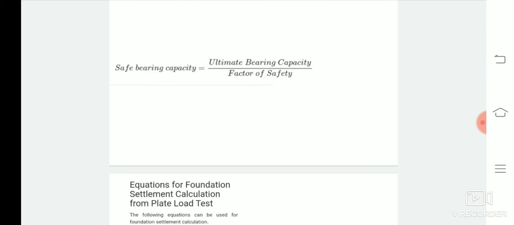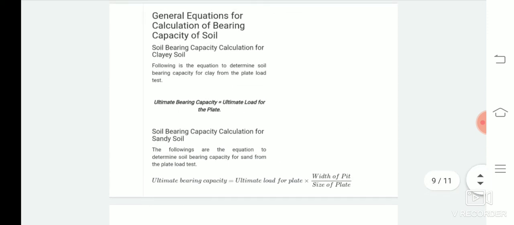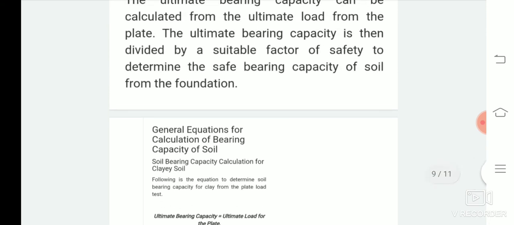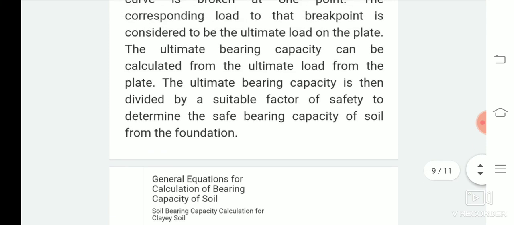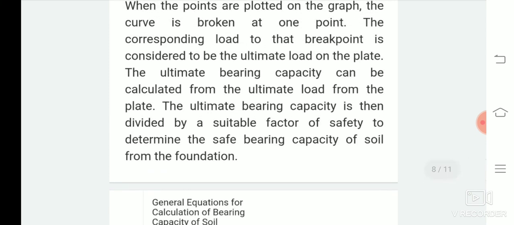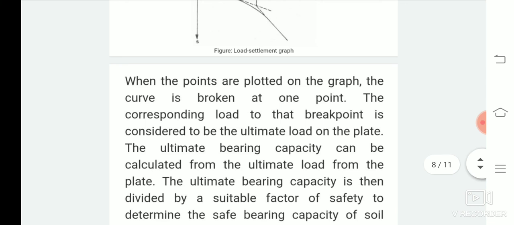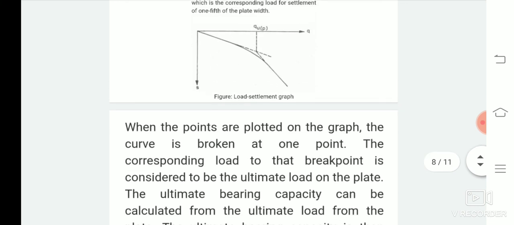The plate load test has the following limitations. The test result obtained from the plate load test only reflects the character of the soil located within a depth less than twice the width of the bearing plate. Since foundations are generally larger, the settlement and the resistance against shear failure will depend on the properties of a much thicker stratum.